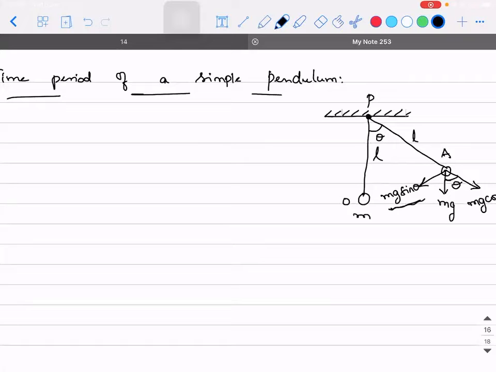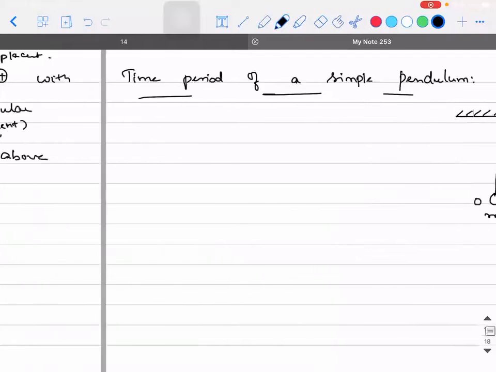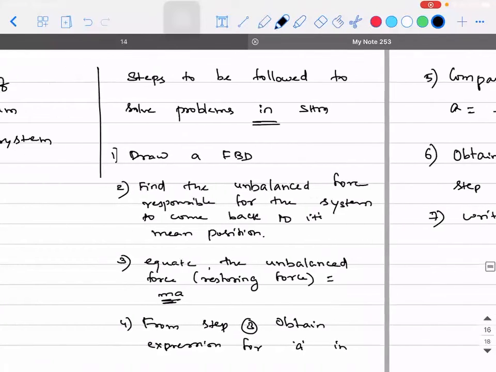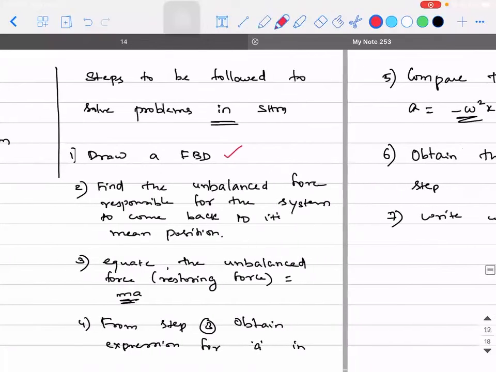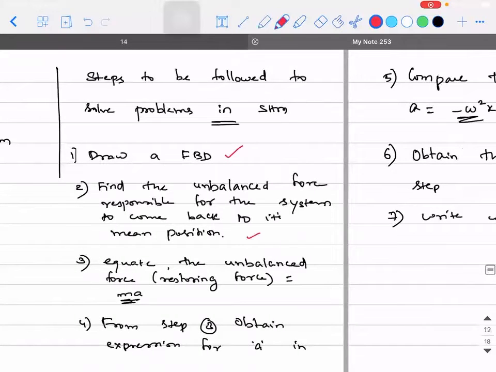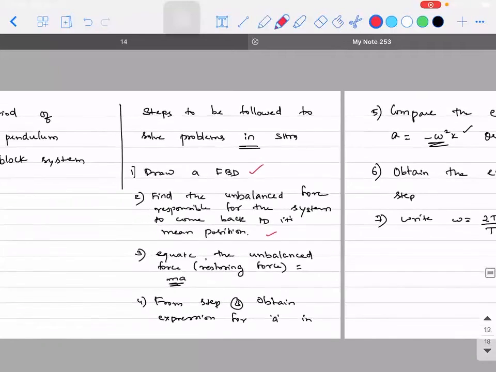Correct? Now let's verify whether we have followed the steps. I've drawn the free body diagram. I found out the unbalanced force which is responsible for the object to come back. How did you find the unbalanced force?